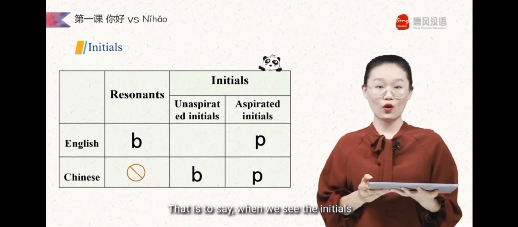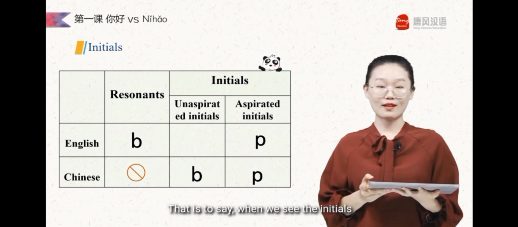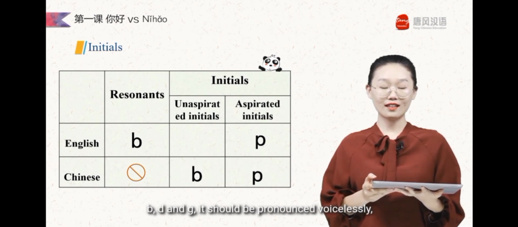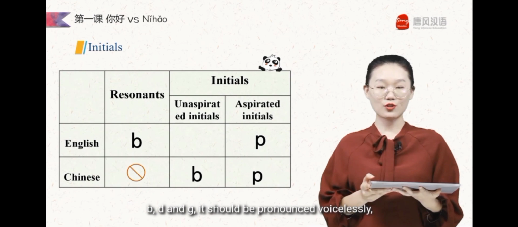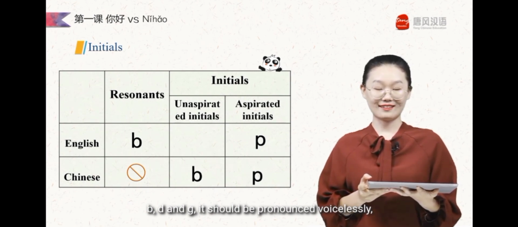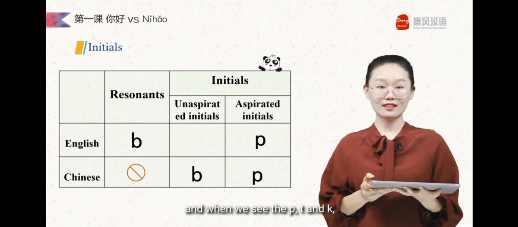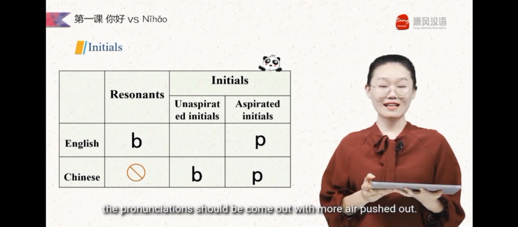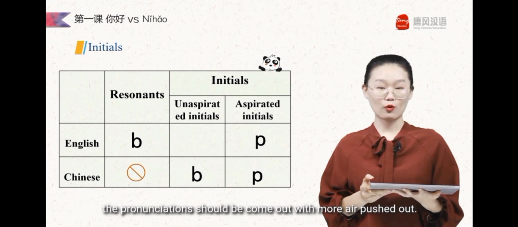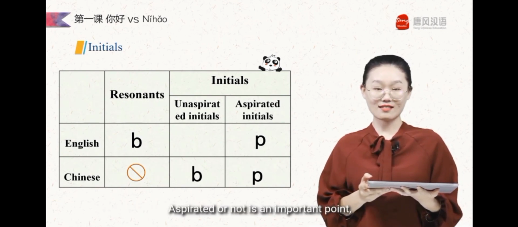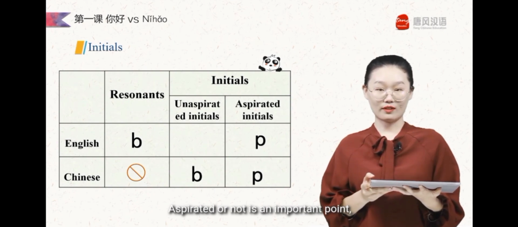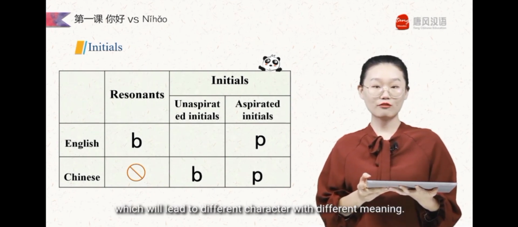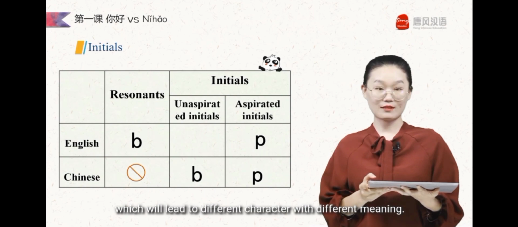That is to say, when we see the initials bo, de, and ge, they should be pronounced voicelessly. And when we see the po, te, and ke, the pronunciations should come out with more air pushed out. Aspirated or not is an important point, which will lead to different characters with different meanings.